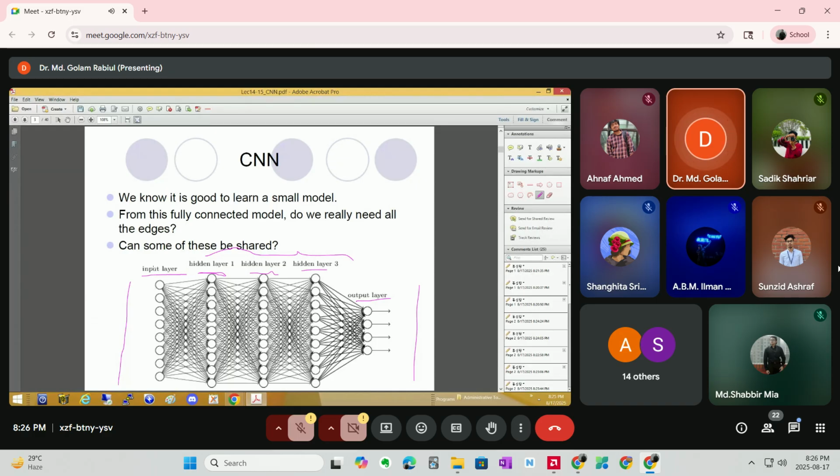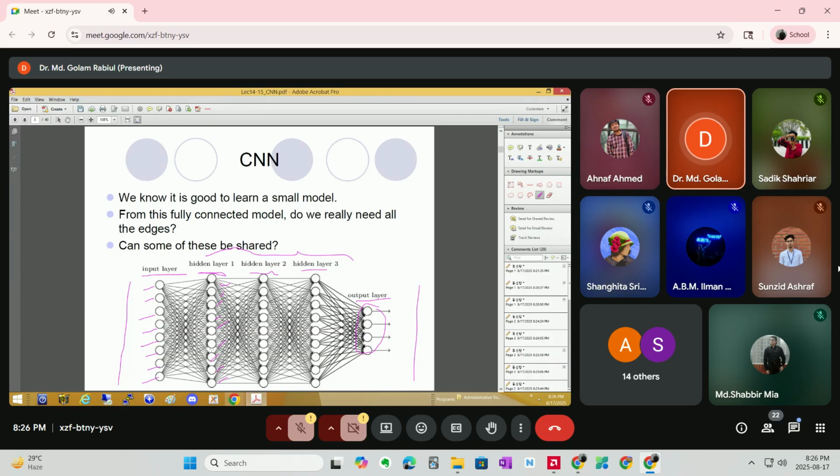In our input layer, how many neurons do we have? 1, 2, 3, 4, 5, 6, 7, 8. So 8 neurons in the input layer. And how many neurons in our output layer? 1, 2, 3, 4. 4 neurons in our output layer. And how many neurons in hidden layer 1? 1, 2, 3, 4, 5, 6, 7, 8, 9.